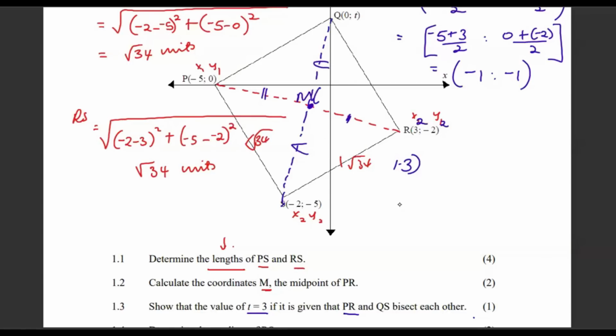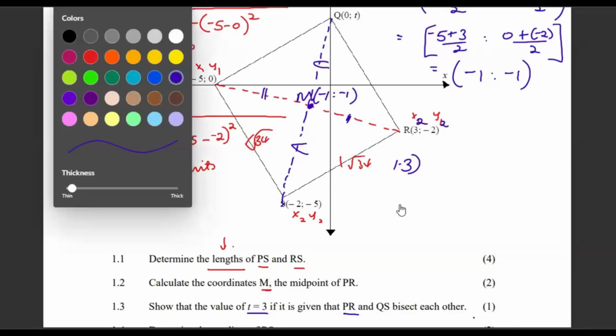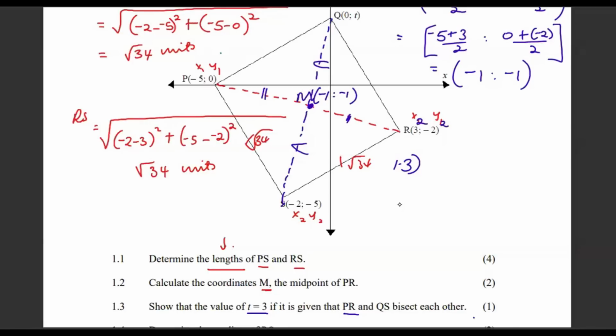So if this is a negative 1 and a negative 1, I'm still going to use the midpoint formula. I already wrote it out. Show that t is 3.